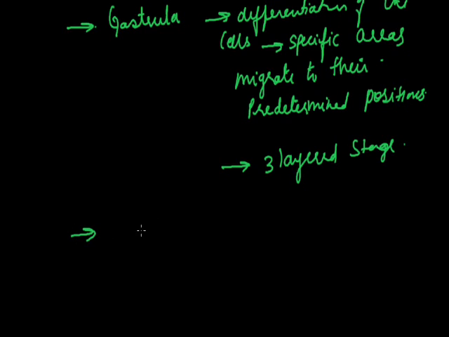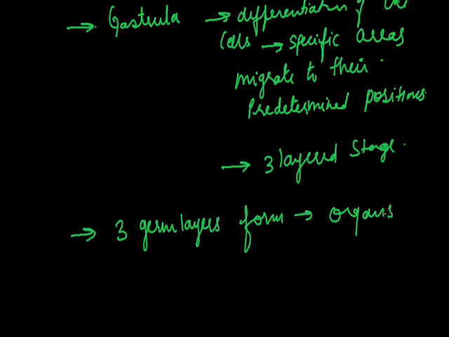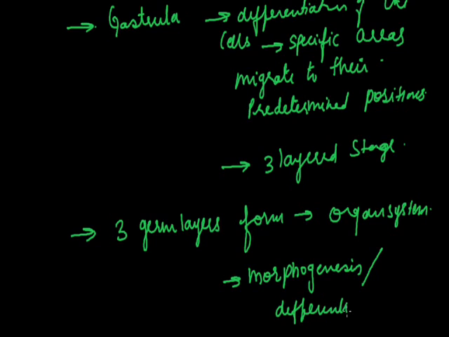After this, the 3 primary germ layers form specific organ systems, and this process is called morphogenesis or differentiation. Now, this was all about the formation of baby inside the womb. The baby is formed inside the womb in this way.